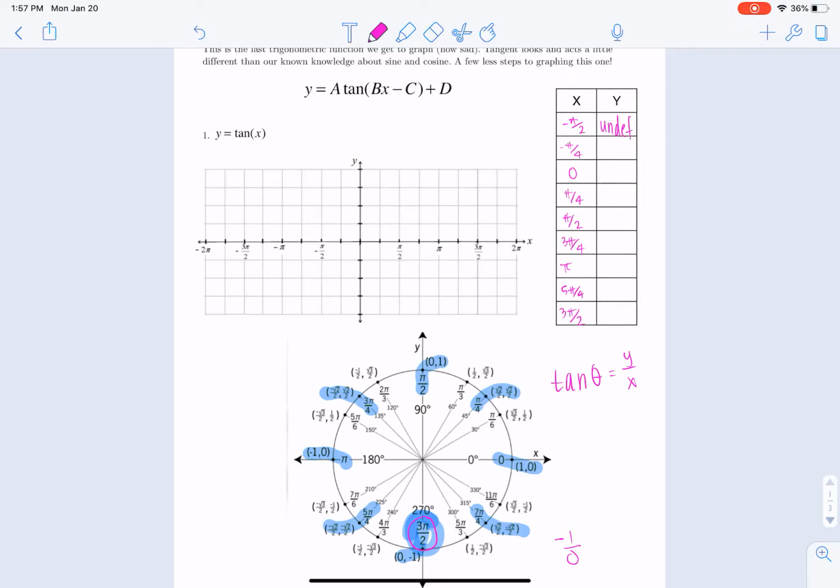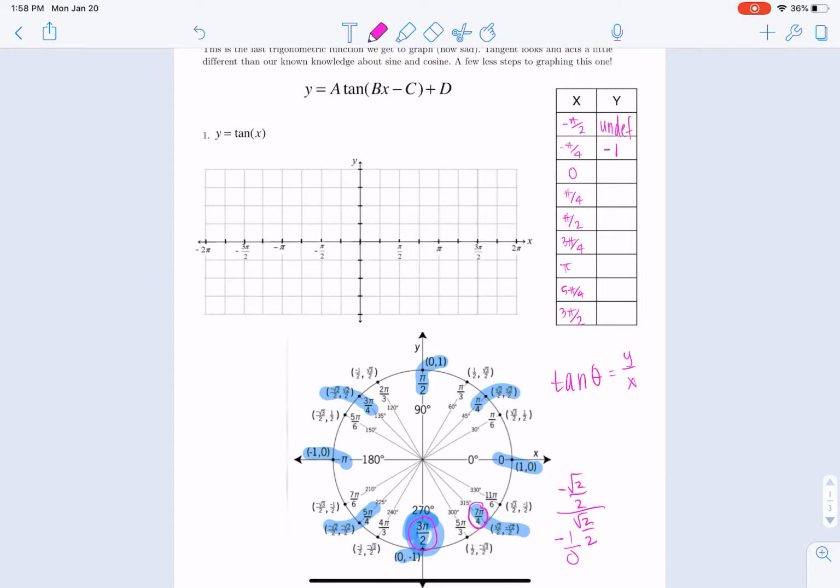So this is why tangent looks and behaves a little bit different than our other trig functions, because there are values where tangent is undefined. If I then come over here, 7 pi over 4 acts the same as negative pi over 4. Negative square root of 2 over 2 over square root of 2 over 2 is going to put me at negative 1.